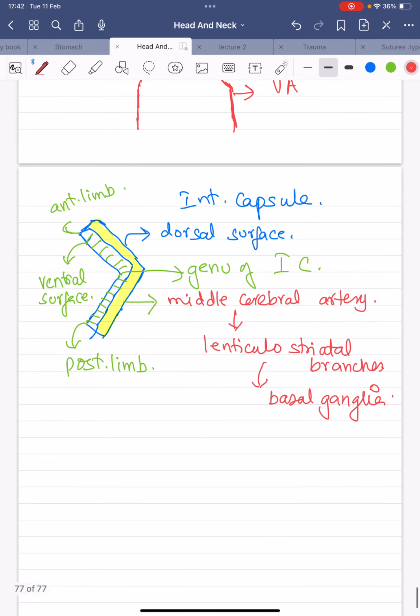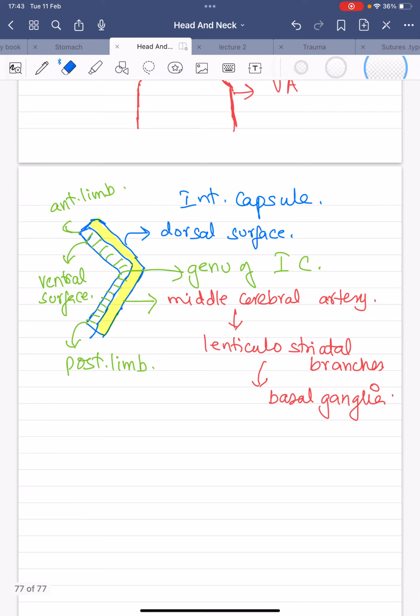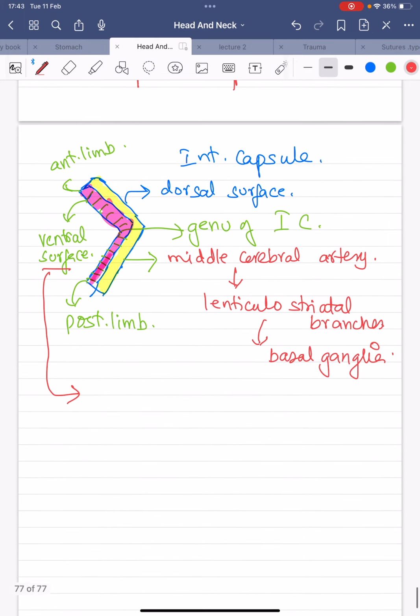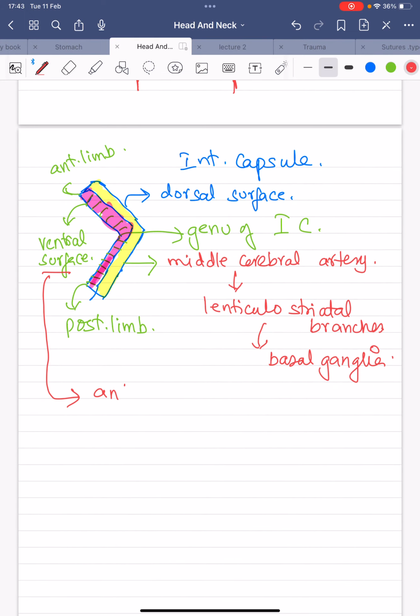Now coming to the ventral surface. I highlighted the ventral surface in pink color. This ventral surface of the internal capsule is given blood supply like this. For example, the anterior limb of the internal capsule, on the ventral side, is given blood supply by the recurrent branch of Heubner. That is the first MCQ.